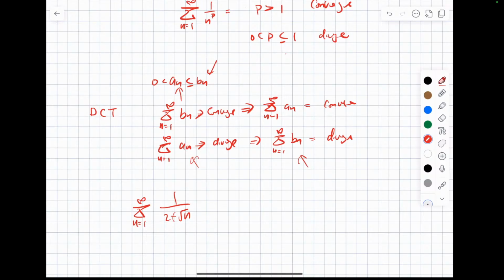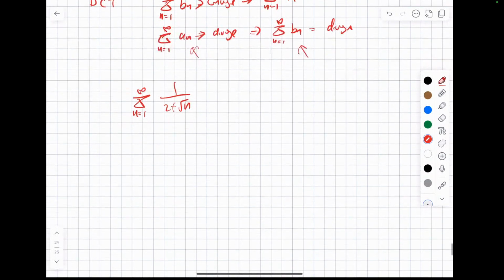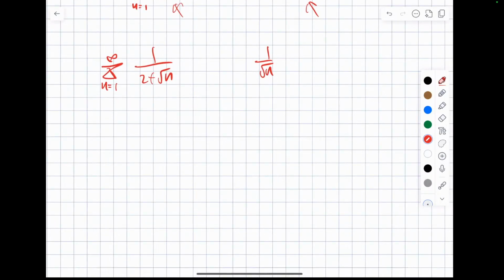So you compare with 1 over square root n first, but that is inconclusive. Why? Because the summation of 1 over square root n diverges, and if a bigger series is too big, it doesn't tell us anything. P series, right?